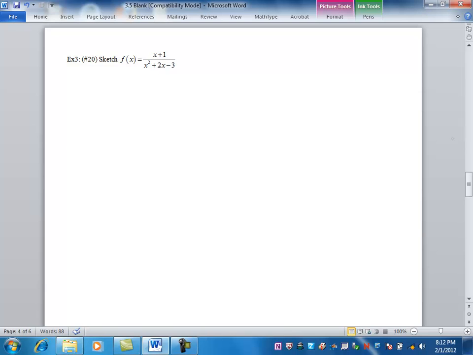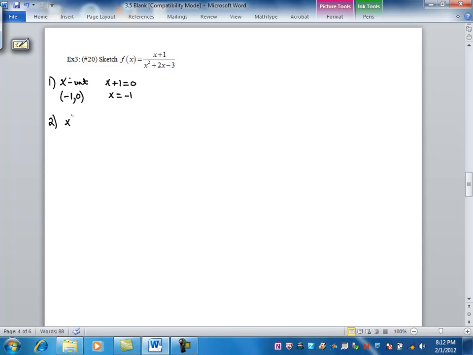It says find the x-intercepts. Alright, so x-intercepts, where is this numerator equal to 0? x plus 1 equals 0. That means x equals negative 1. So I've got an x-intercept at (-1, 0). Then the next thing it says is find the real zeros of the denominator.